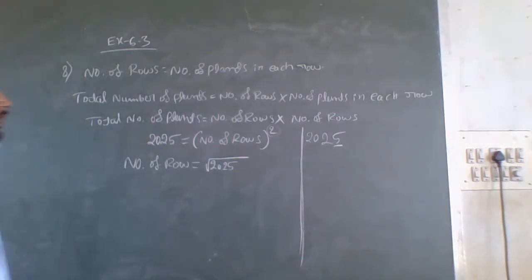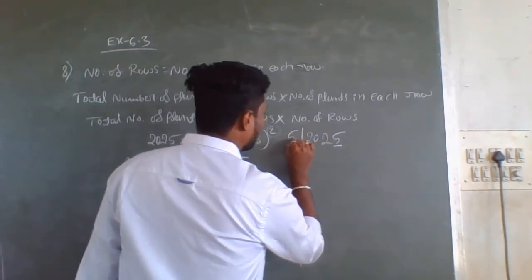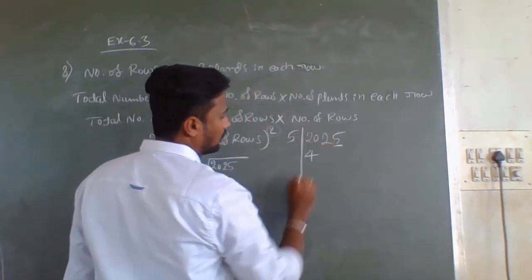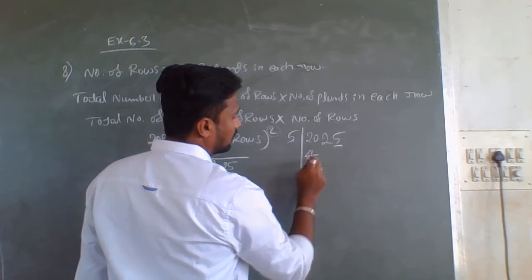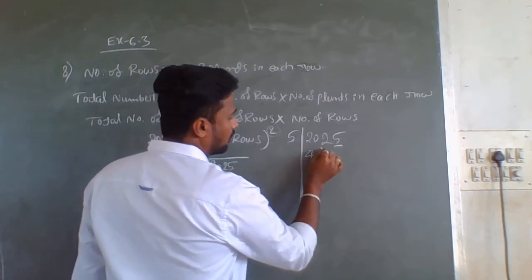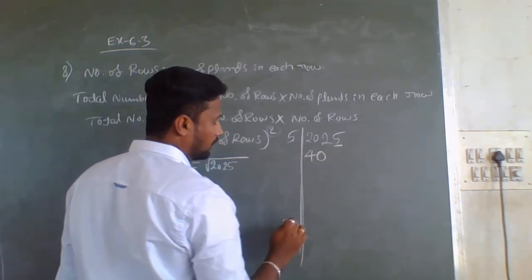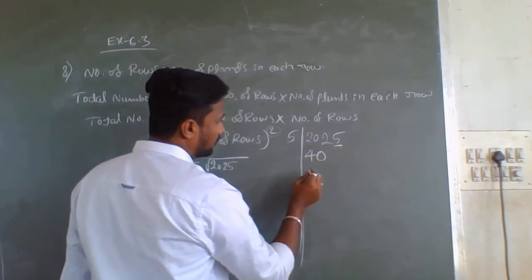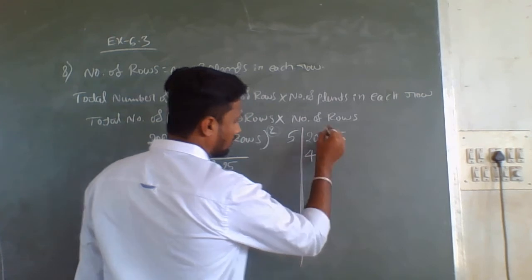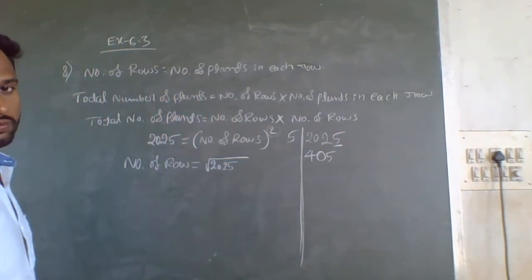So I will check with table 5. 5 fours are 20. The next remaining value is 2, which is less than 5, so I will consider 0 here. Next it becomes 25, which means 5 fives are 25.